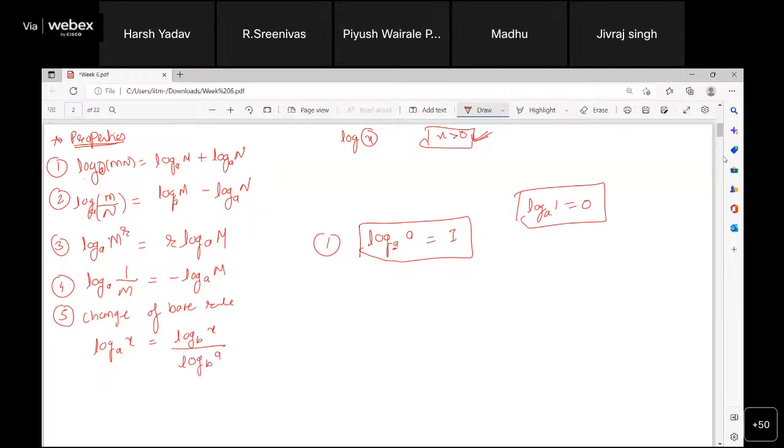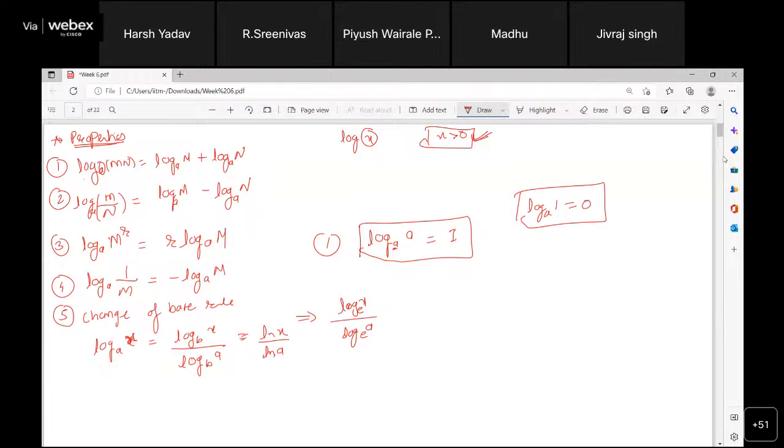In general, whenever you are using these properties, always consider the natural log, base e, because it is simpler if you make all the expressions in the same base. So generally we take the natural log only. It is also equal to ln of x upon ln of a, to the base e. Instead of b, but in general you can write any base. No issue in that.